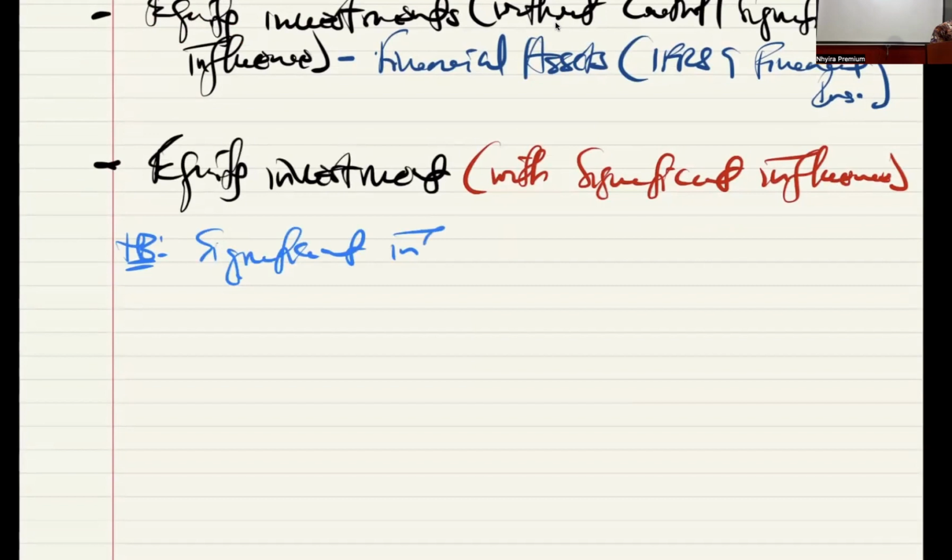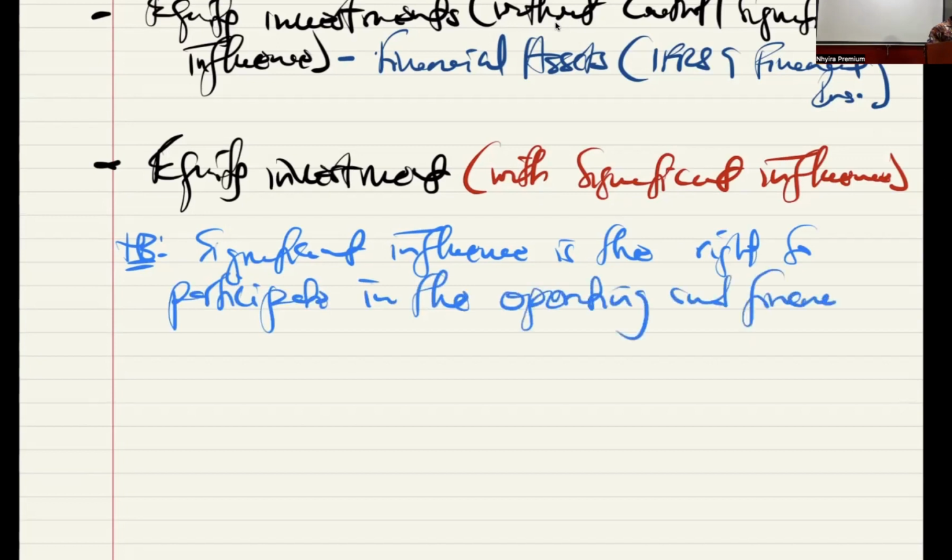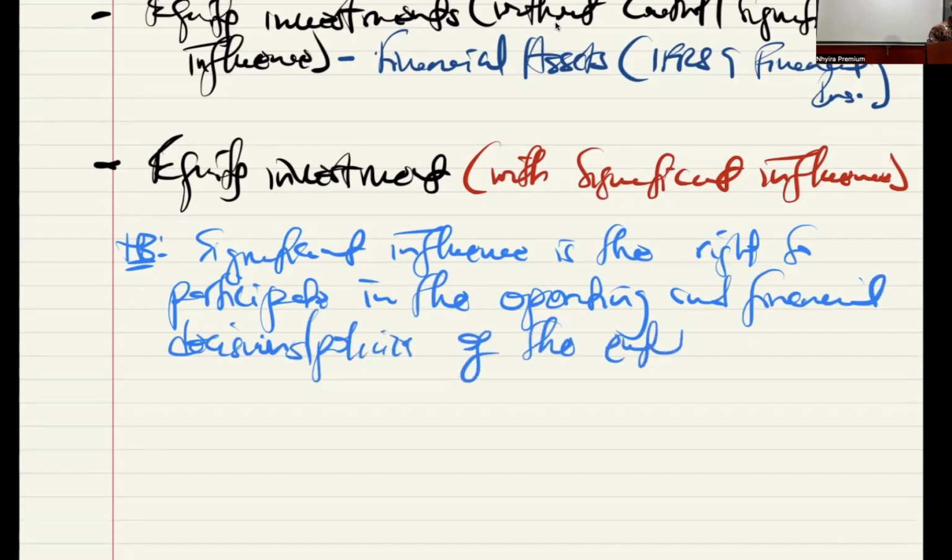So significant influence is the power to, let me use the right word, to participate in the operating and financial decisions, or if you want, policies of the entity. That is what significant influence is about.